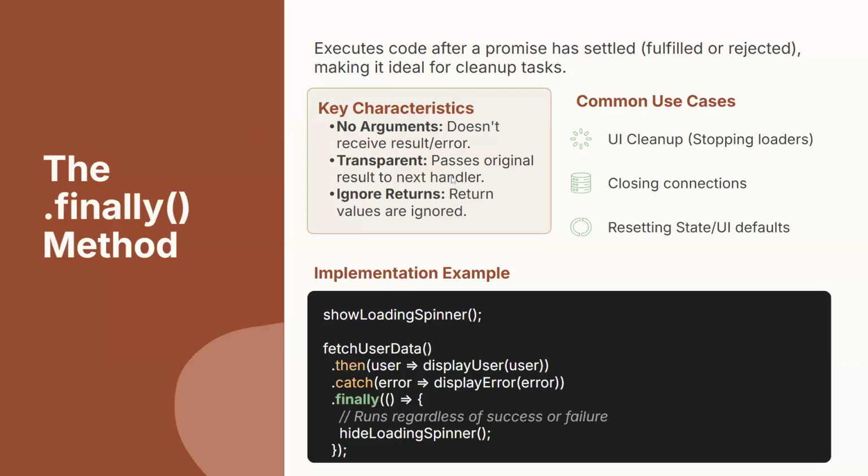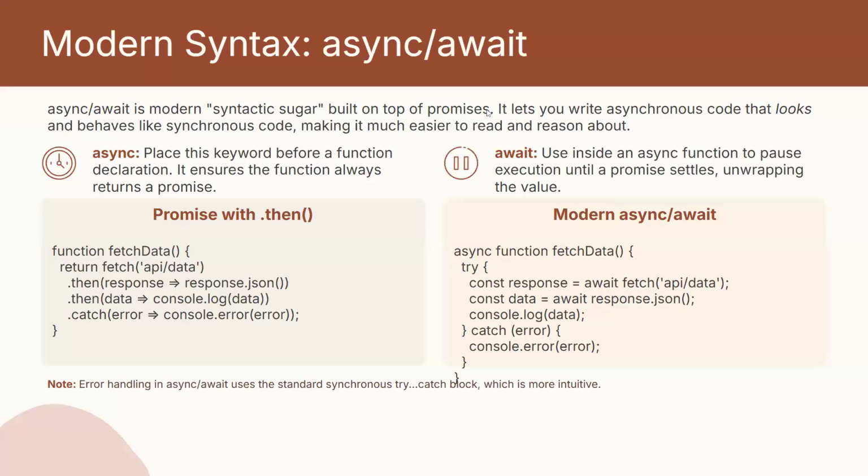So now that we've covered the then, catch, and finally methods, let's move on to the modern syntax that simplifies all of this, and that's called async await. Async await is essentially syntactic sugar built on top of promises, meaning it doesn't replace promises, it just makes them easier to read and write.